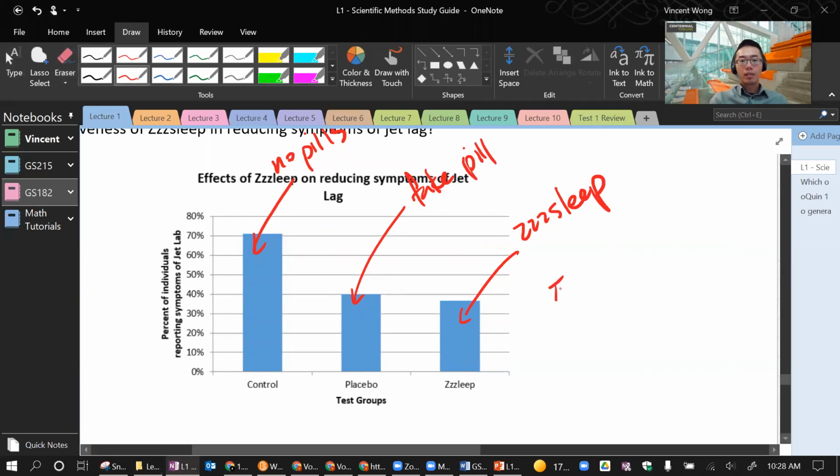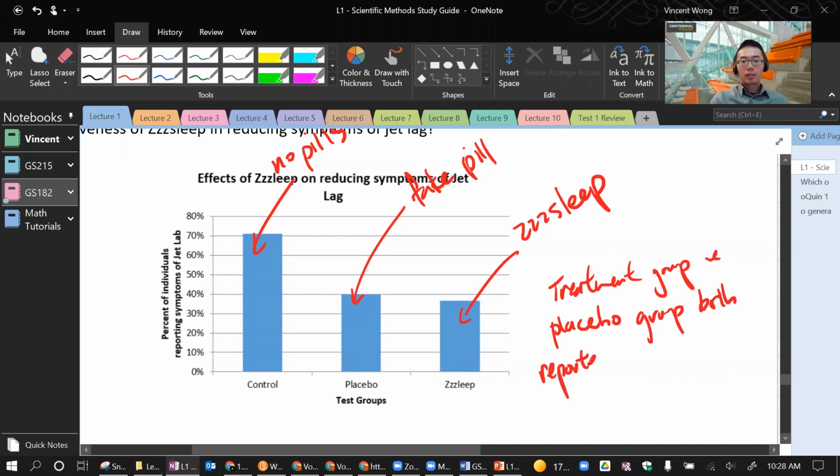So the treatment group and placebo group both reported a lower percent of jet lag symptoms compared to control.